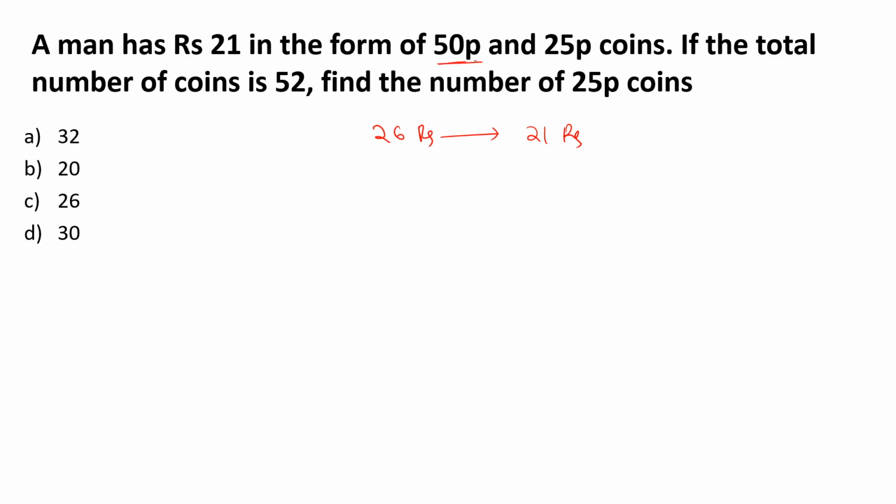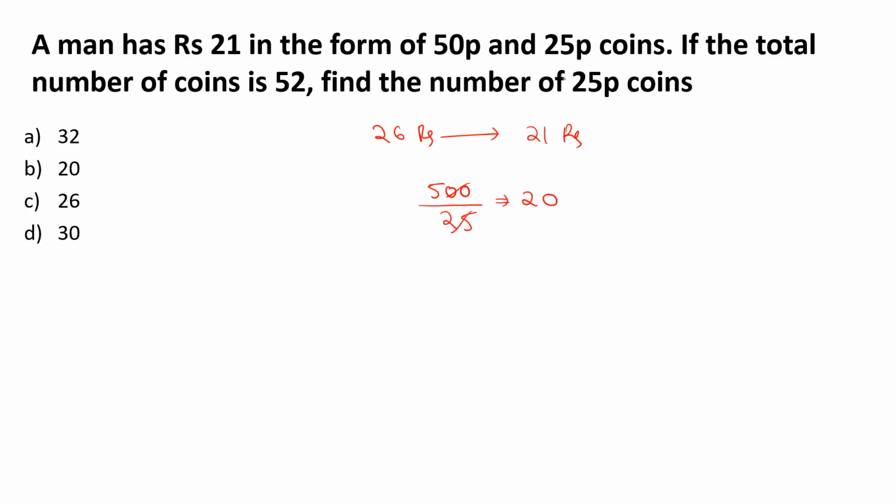We have assumed all coins are 50 paisa, but there are some 25 paisa coins also. The difference between 50 paisa and 25 paisa is 25 paisa. And in terms of rupees, there is a 5 rupees difference. 5 rupees is nothing but 500 paisa, and the difference between the coins of 50 paisa and 25 paisa is 25 paisa, so 25 ones and 25 twenties.